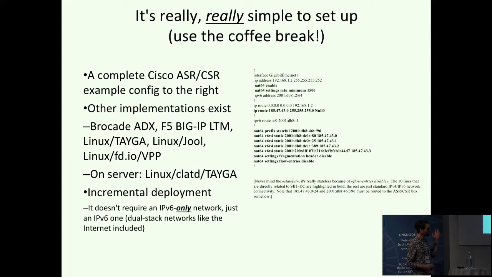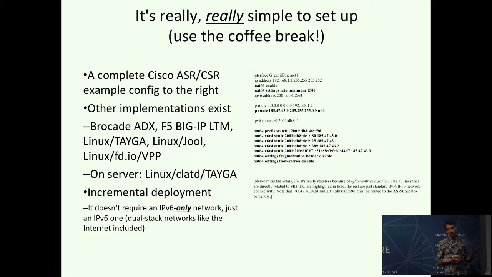But there are also open source implementations, both user space and kernel space. We are using the one that's called Jool. We're very happy with that one. And for those virtual interfaces, we're using SIIT-DC, which is basically just a Perl script I wrote that sets up this stuff in the Linux kernel. But there are other implementations as well.